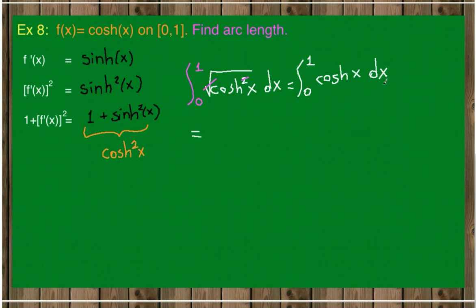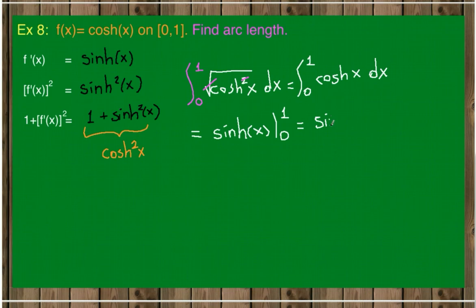Now we're going to find the antiderivative of this function and calculate the boundaries. Antiderivative of cosh x is sinh x. So sinh of x calculated from 0 to 1. Now we're going to plug in our upper boundary minus lower boundary.